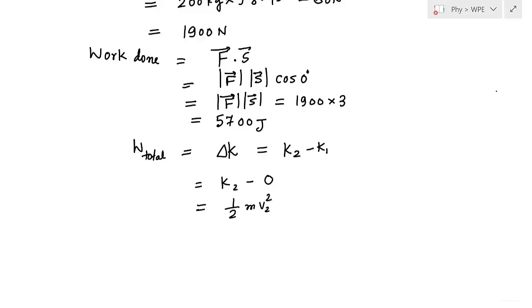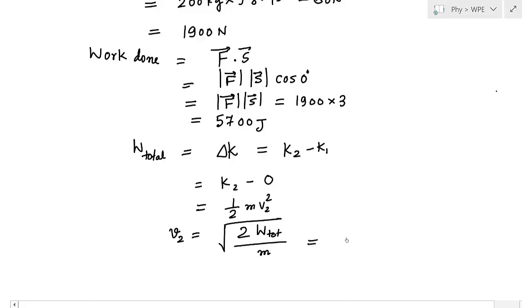So from here we can calculate v2. So v2 is nothing but 2 times W total divided by m, and then I have to take the square root of all this. So this is the velocity.